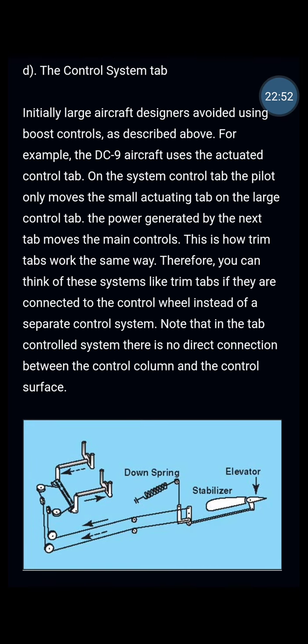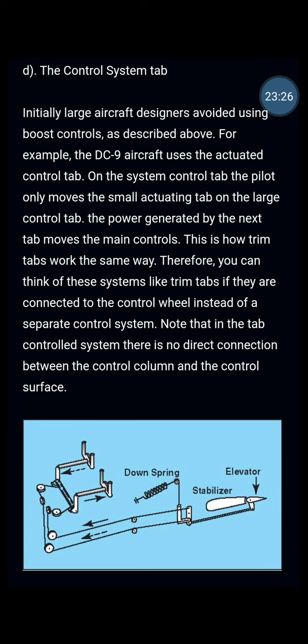D. The control tab system. Initially, large aircraft designers avoided using powered controls as described above. For example, the DC-9 aircraft used the actuated control tab. On the control tab system, the pilot only moved the small actuating tab on the large control surface.